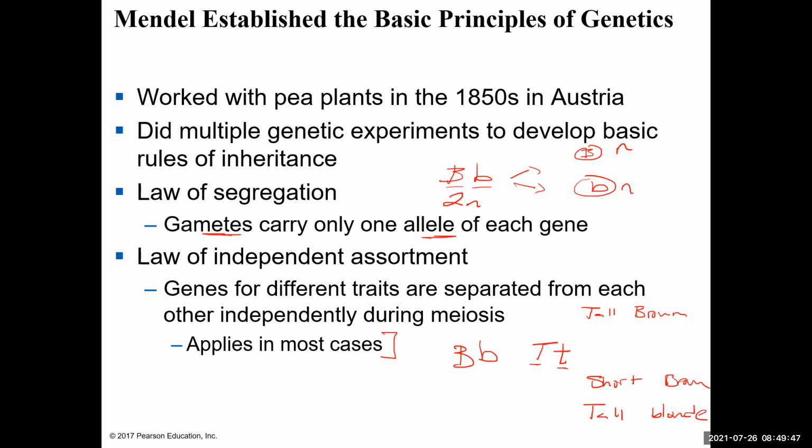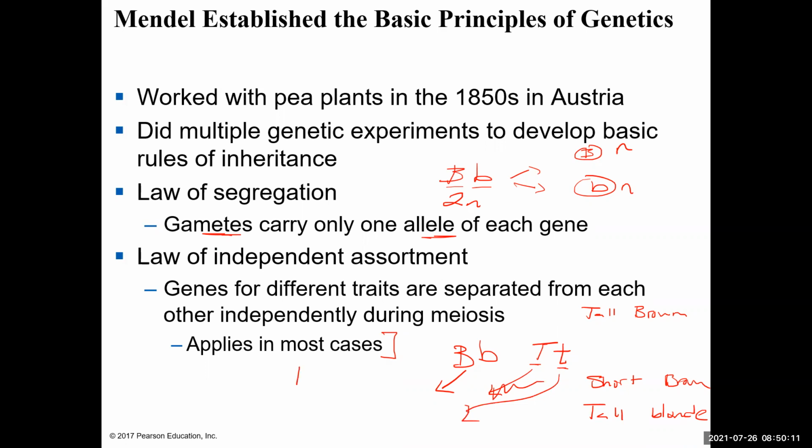So basically, if you pass on the dominant allele for hair color, so brown hair, that doesn't mean that you have to pass on the allele for being tall. You could pass on the allele for being short because they assort into the gametes independently of one another.